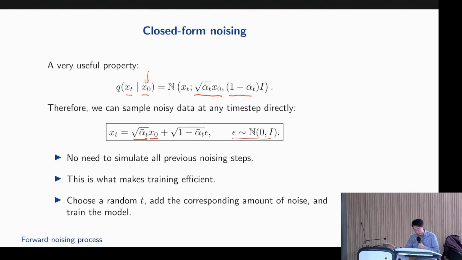It's easy to prove this yourself if you want to see whether this is true. And so, at least for noising steps, you don't need to simulate all the previous noising steps. You can just jump to anywhere you like, as long as you have the clean image. This is what makes the training very efficient. And so during training, you just choose a random t, and the corresponding amount of noise can be computed exactly with this formula.